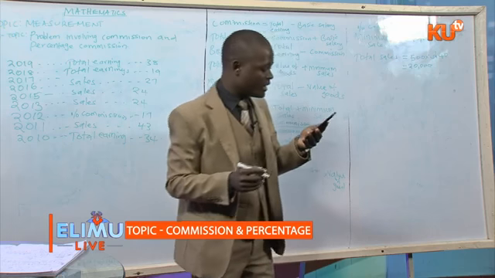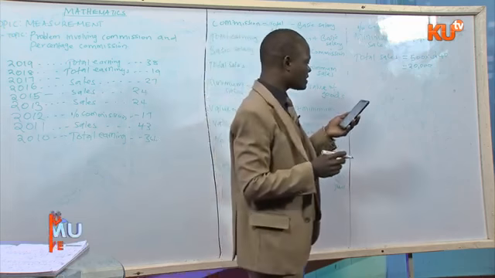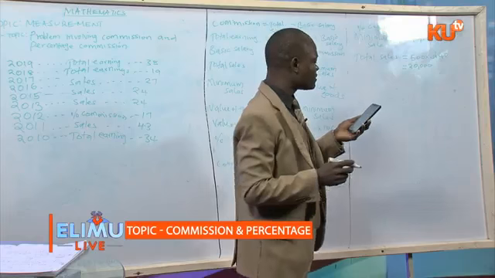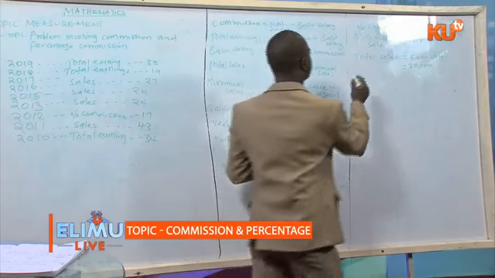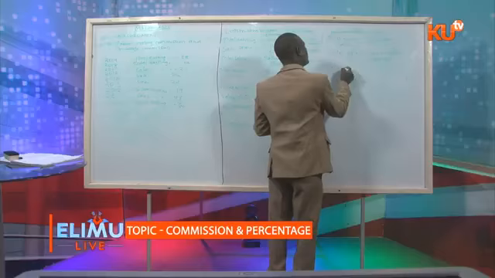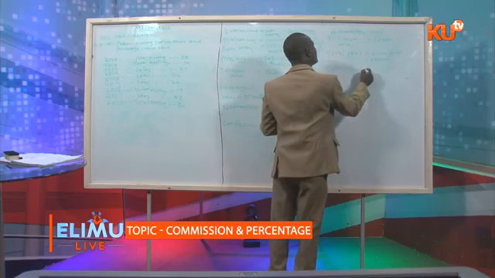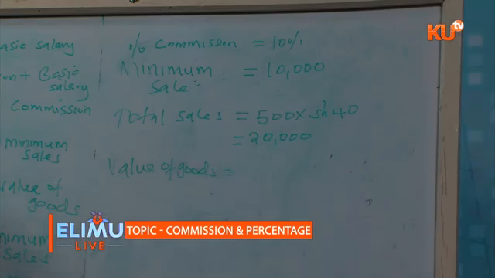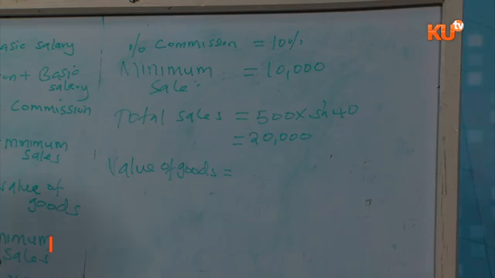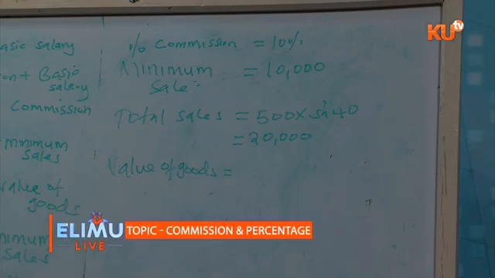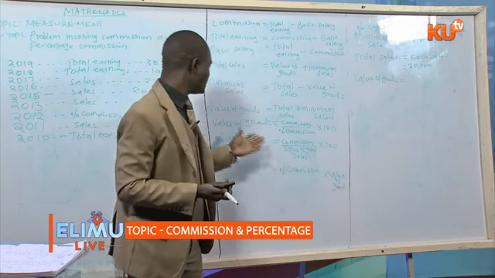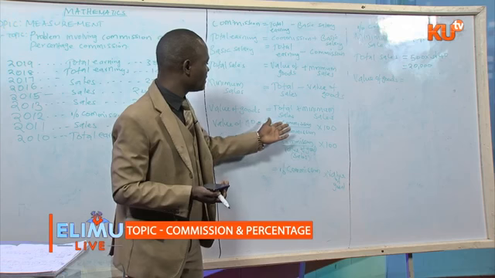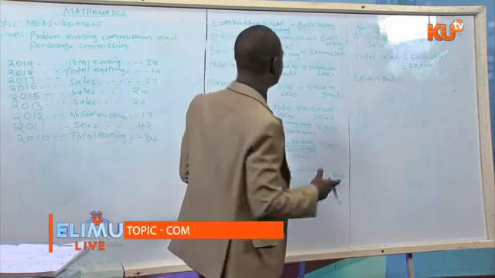After that, we find the value of goods, because we are asked to find how much he was paid when he sold 500 newspapers. The reason why we are finding the value of goods is to understand the amount of money from which he's supposed to get commission. So value of goods according to the formula that I gave. Now in this case, we are going to find the value of goods using total sales and minimum sales, because we have not been given the value of goods. We have not been given commission and the percentage commission.